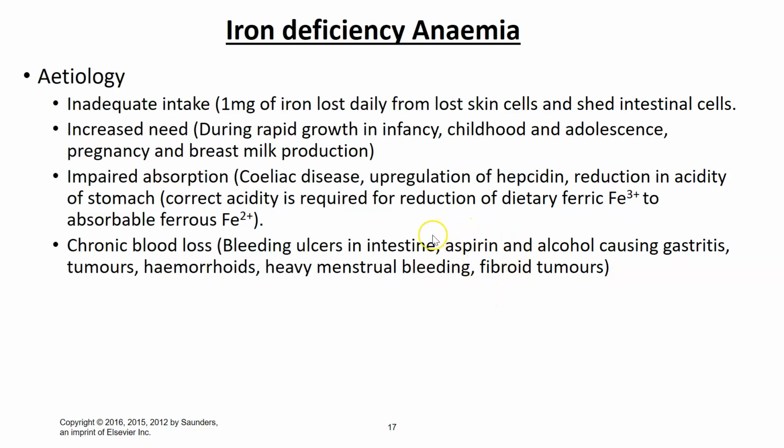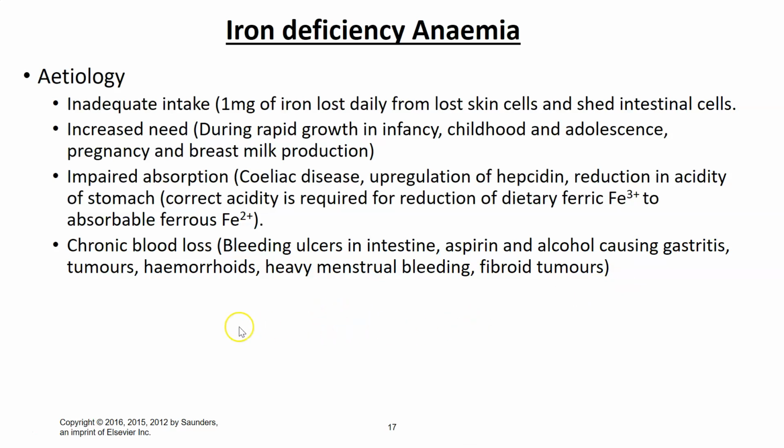If they take too much aspirin, or they consume too much alcohol, all of these things can potentially cause gastritis, inflammation of the stomach, and that will prevent your stomach responding properly. So it won't release as much acid, perhaps.